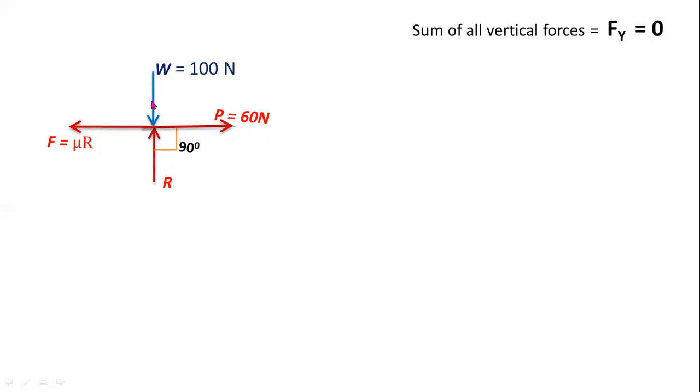So here, these two are the vertical forces. Vertical forces always lie on the y-axis. Okay, this is the y-axis. So these two are the vertical components. For upward direction, you have to consider positive sign. For downward direction, you have to consider negative sign. Okay.